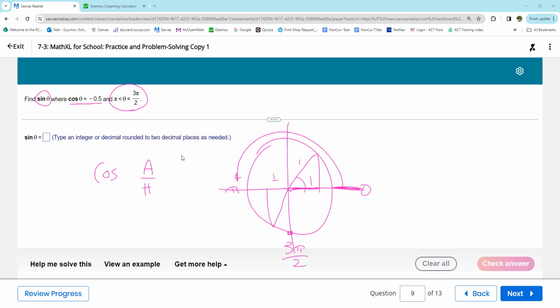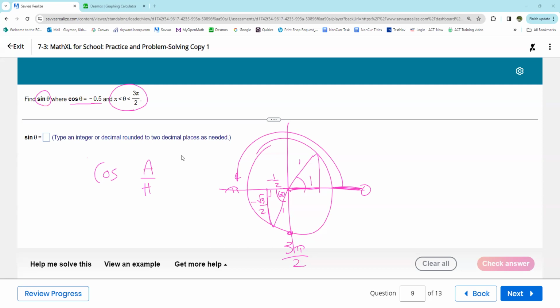So this is a negative 1/2 here. Then our unit circle radius is 1, and because the half is on the 60, that's our reference angle, and the right angle. And the long leg is a negative square root of 3 over 2.